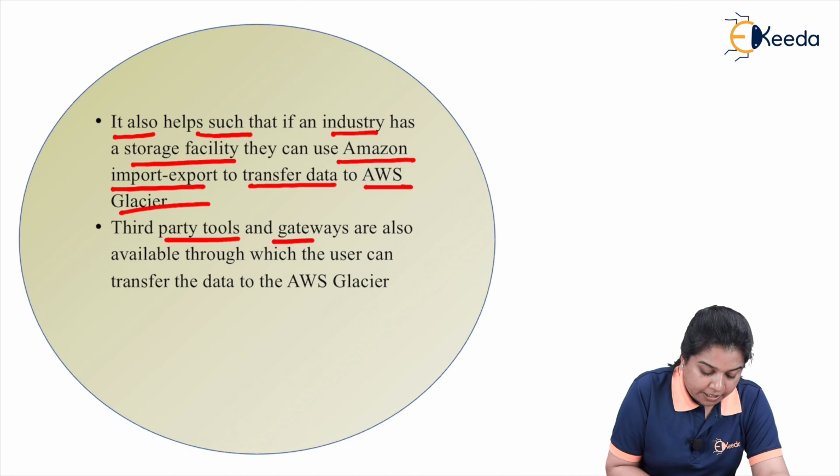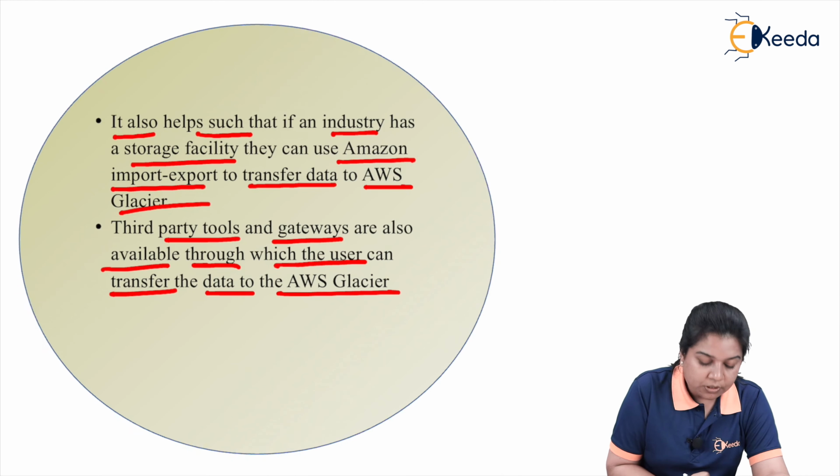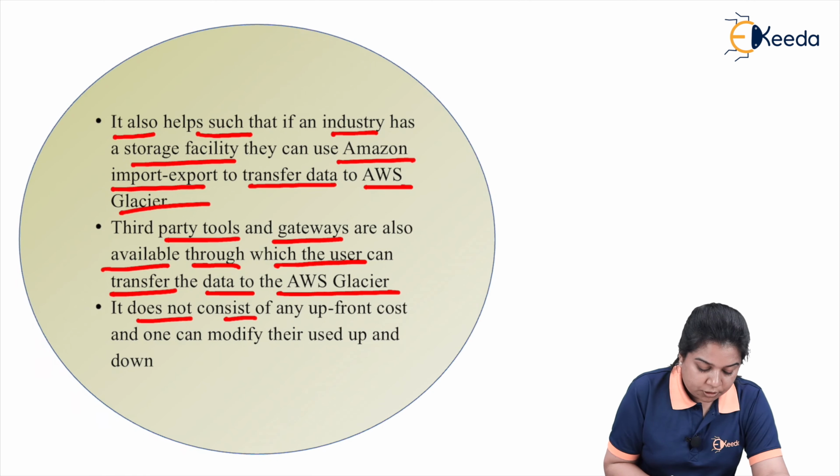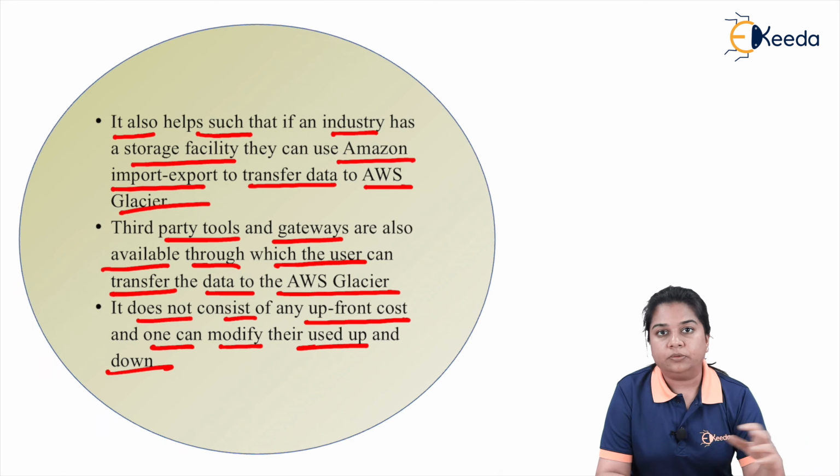Third-party tools and gateways are also available through which the user can transfer the data to the AWS Glacier. It does not have any upfront cost and one can scale their usage up and down.